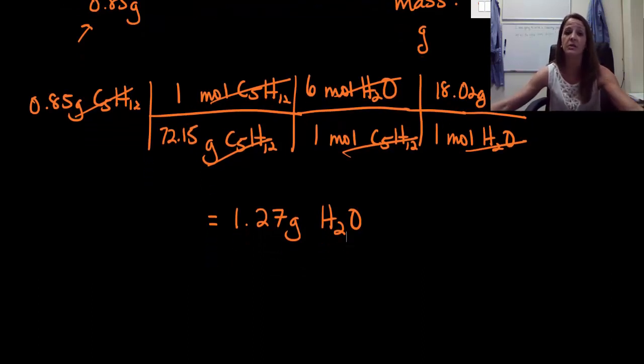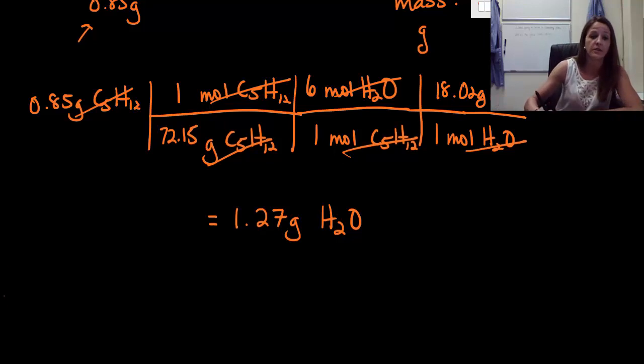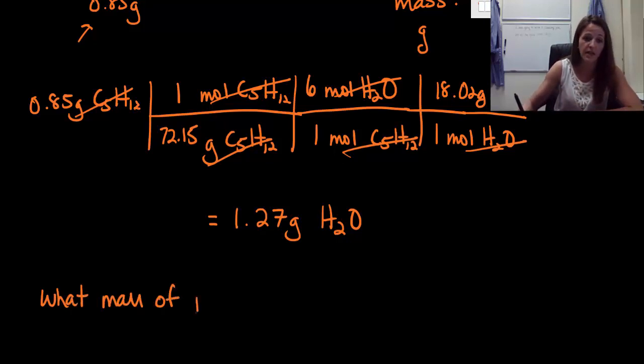All right, so now I'm going to take this one step further. We're going to make it even more complicated here. So now, same equation. We're still talking about the combustion of pentane. What mass of pentane is needed? So we're essentially going backwards now.